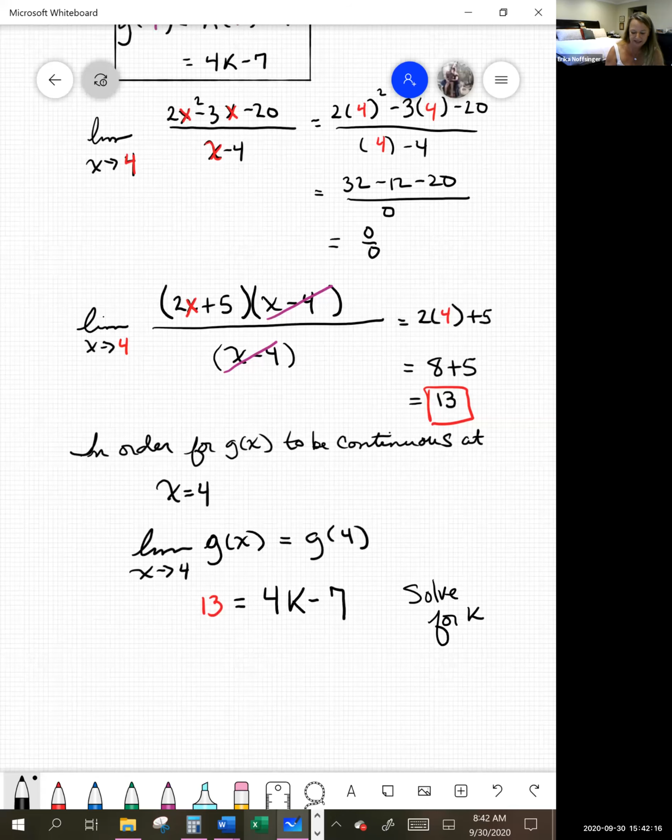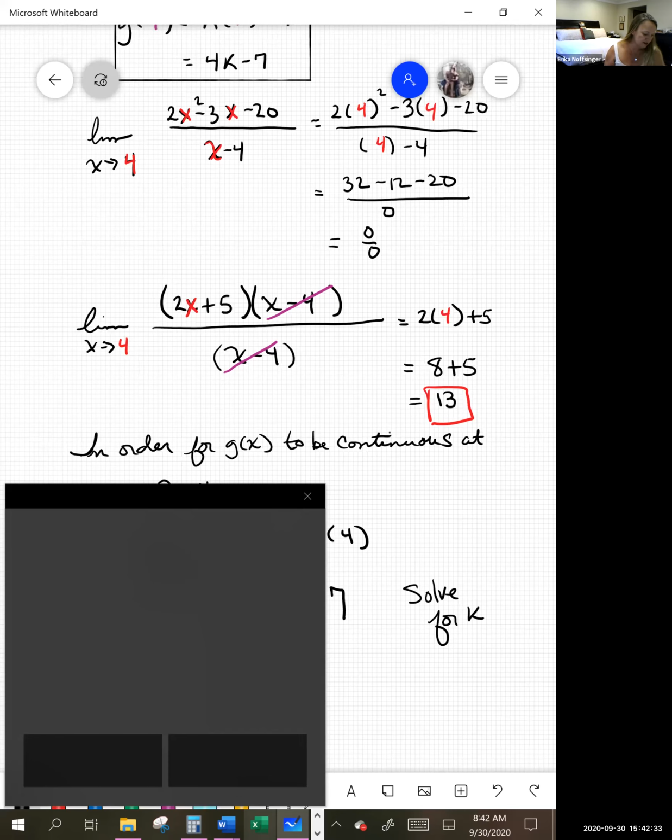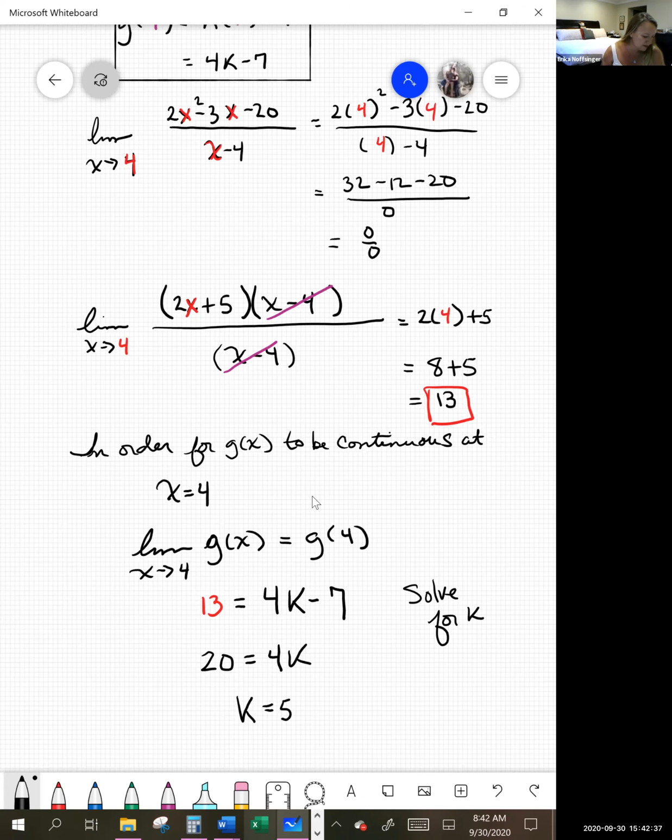If we add 7 to both sides, we get 20 is equal to 4k. Divide both sides by 4, we get k is 5. So find the value of k in order to make that continuous.